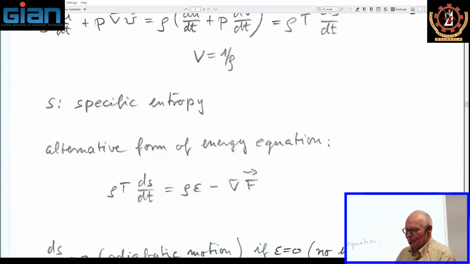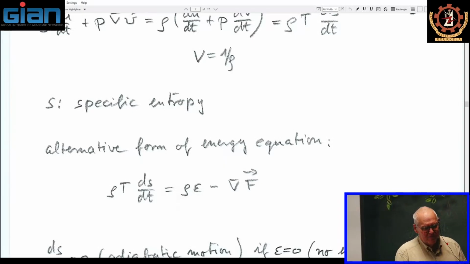If the time needed for energy to diffuse, for instance, from inside to the outside, is long compared to the time the element needs to travel along the flow, then we can assume it's adiabatic motion. Okay, then the adiabatic approximation would be valid.